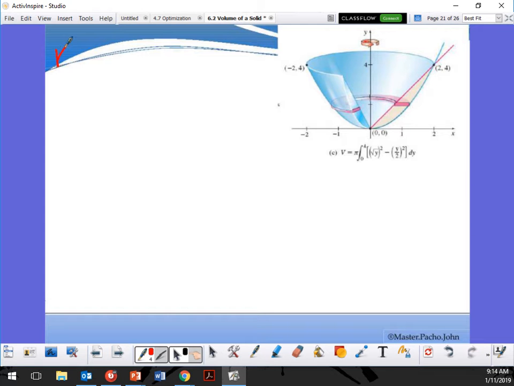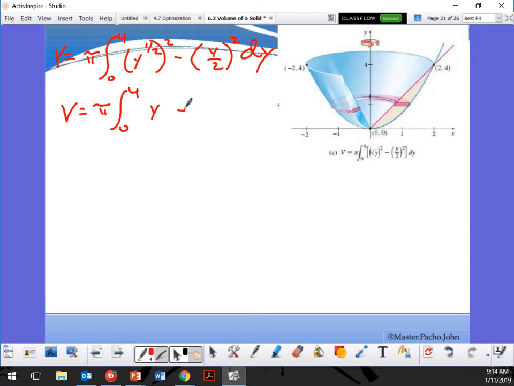So my volume is going to be just the integral of y minus y squared over 4 dy.